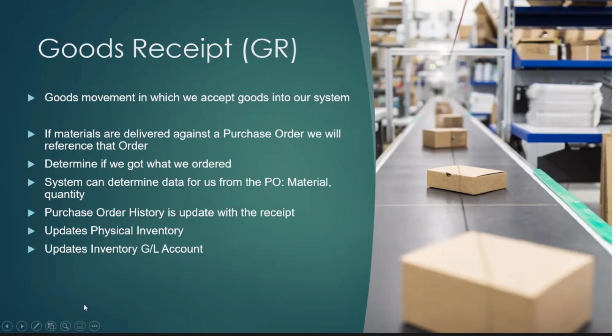When you receive the goods in your company, you have to know which purchase order they match, because maybe your company receives many goods, and for the same vendor, you may have many purchase orders. Always we have to refer to which purchase order.